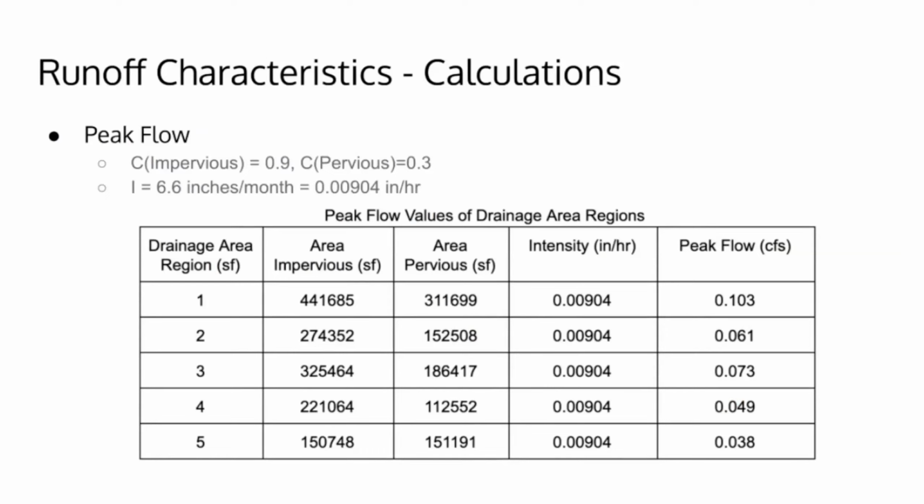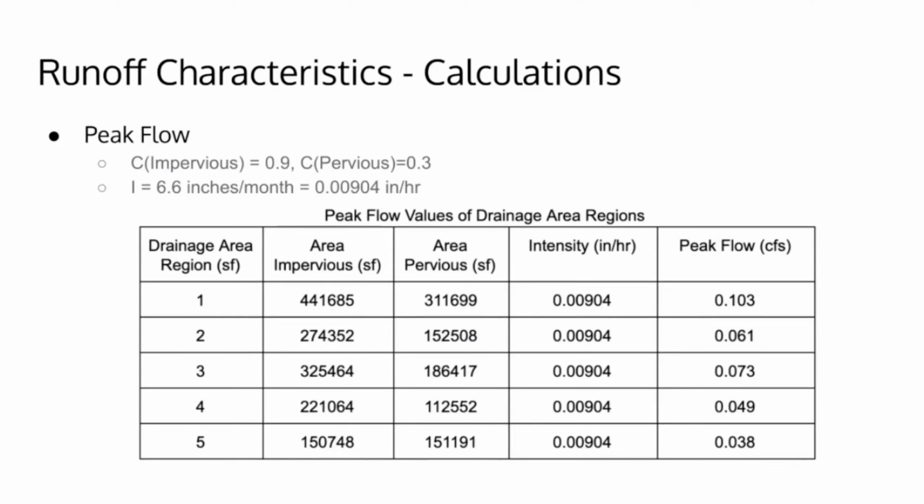According to the United States Green Building Council, hardscape ranges from 0.7 to 0.95, while softscape ranges from 0.05 to 0.35. We then followed a common general rule and set our impervious surfaces to a coefficient of 0.9 and pervious surfaces a coefficient of 0.3.